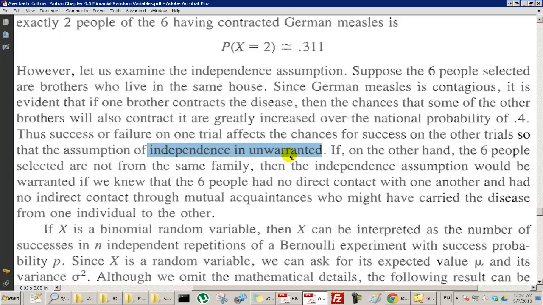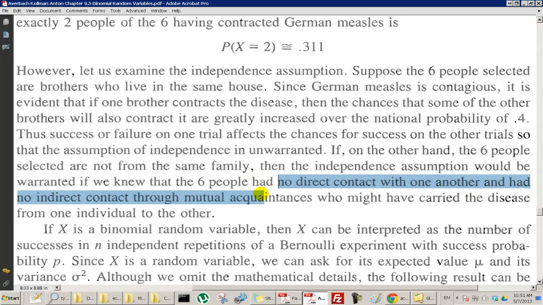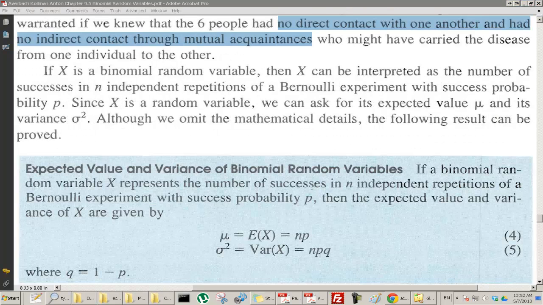If, on the other hand, the 6 people selected are not from the same family, then the independence assumption would be warranted if we knew that the 6 people had no direct contact with one another and had no indirect contact through mutual acquaintances who might have carried the disease from one individual to the other.